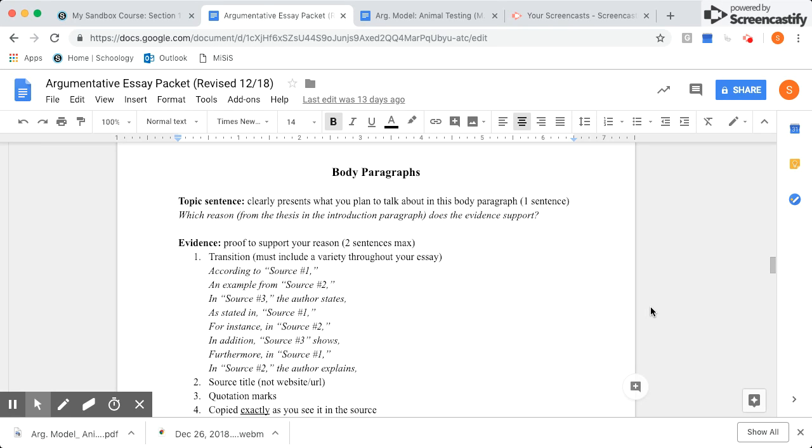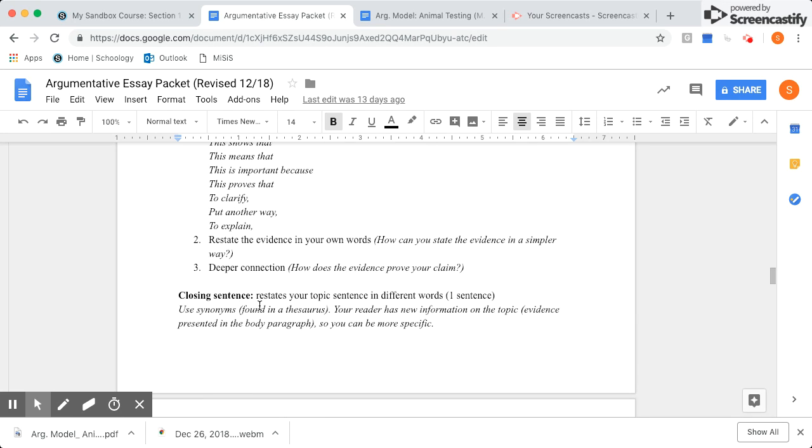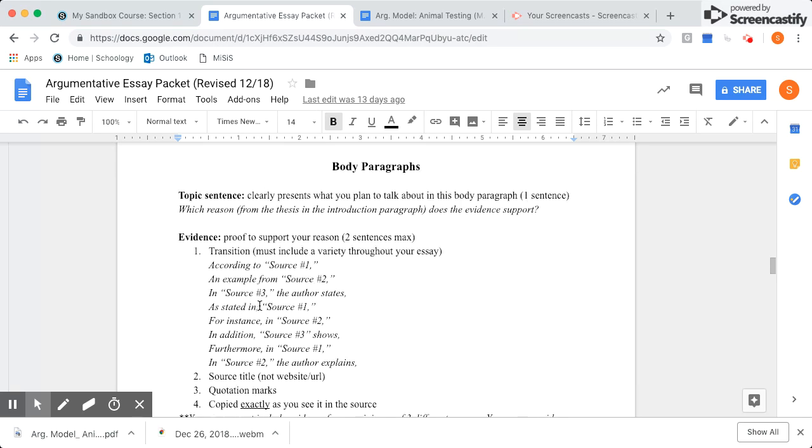But there are 4 parts to a body paragraph. You have your topic sentence, your evidence, your analysis, and your closing sentence. Now, your topic sentence is just like your thesis, but for the individual paragraph. It just presents what you're going to talk about. It says which reason you're going to talk about from your thesis.